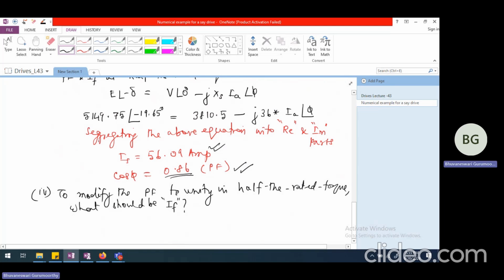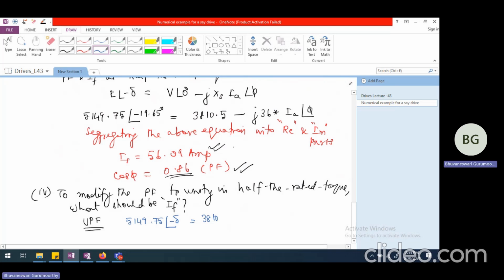So if I want unity power factor condition, so under unity power factor condition, I should say 5149.75 angle minus delta should be equal to 3810.